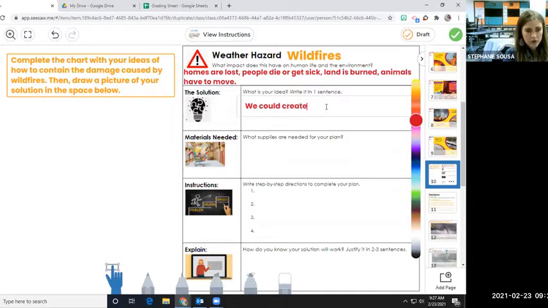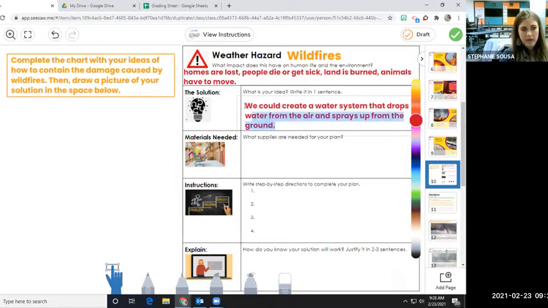We could create a water system that drops water from the air and sprays up from the ground. Okay, so we're going to create a very intricate sprinkler system. That is what we are going to design.